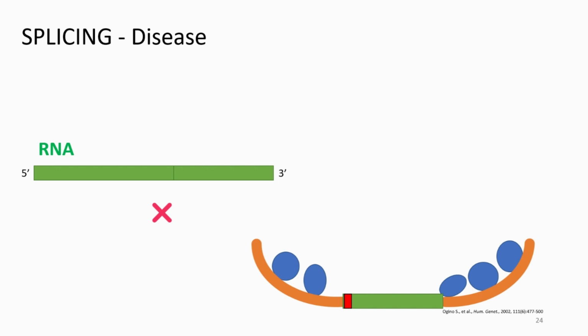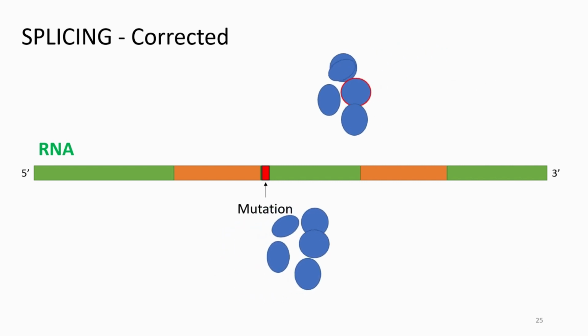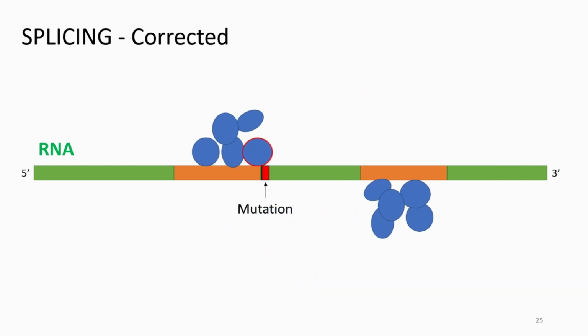So if we can know exactly how the RRM can recognize a specific sequence, as I told you before, we can try to modify one of these proteins that are recognizing the sites for cutting the RNA. So in this case, if we modify it to recognize properly also the mutation, then the splicing process can happen again in a correct way.